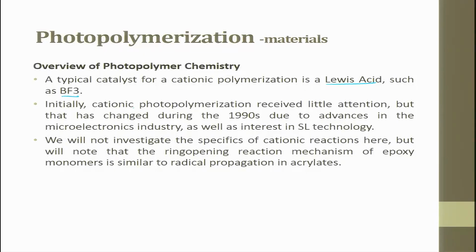Initially, cationic photopolymerization received little attention, but this changed during the 1990s due to advancement in the microelectronic industry and in SL. We will not investigate the specifics of cation reaction here, but will note that the ring opening reaction mechanism of epoxy is similar to the radical polymerization.